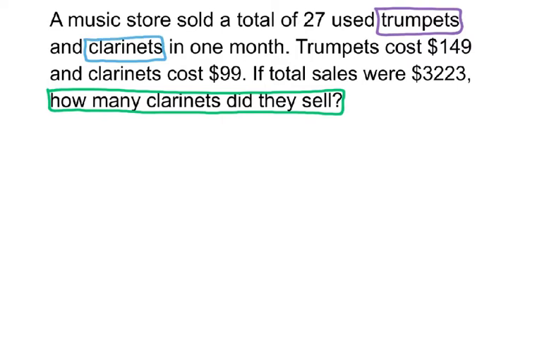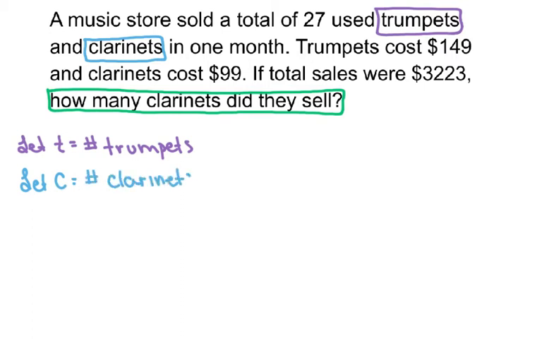So that's what we need to make our let statement. So we're going to let T equal the number of trumpets. And we need to let C equal the number of clarinets. Your let statement should define the variables that we are trying to figure out.